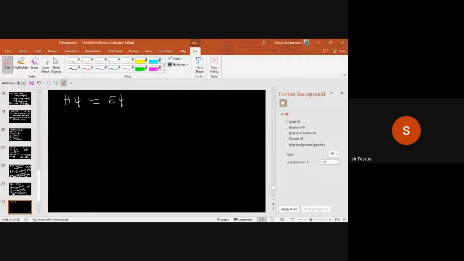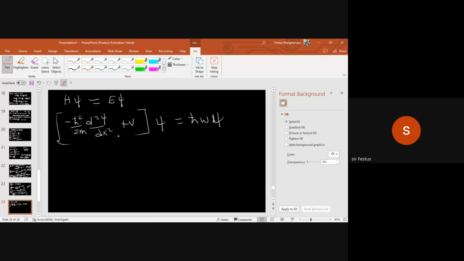And then when we expand this using the operator, we have this one: minus h squared over 2m, then we have the second derivative of psi over x squared, plus the V part, multiplied by the wave function, to be equals to the E, which is h nu, if you want to write it that way. So h nu of psi. We saw this one. So this is the full version, and this is what we call the time independent.